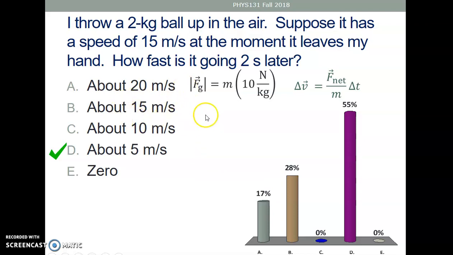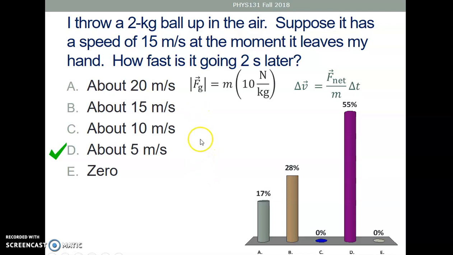Those of you who answered 15 meters per second, I don't know where that came from. Nobody answered C, but D was the correct answer because it's going up at 15, but then it changes by 20 downward.